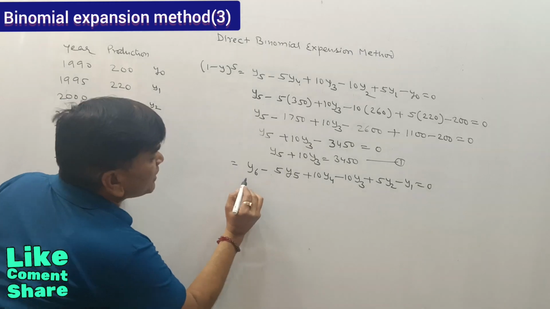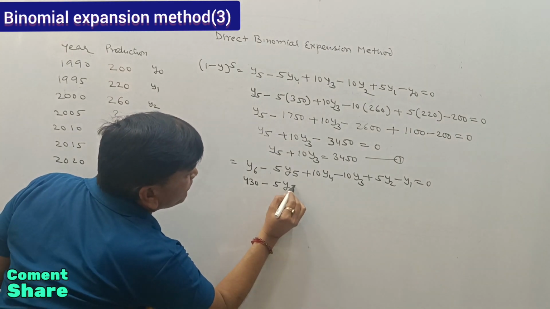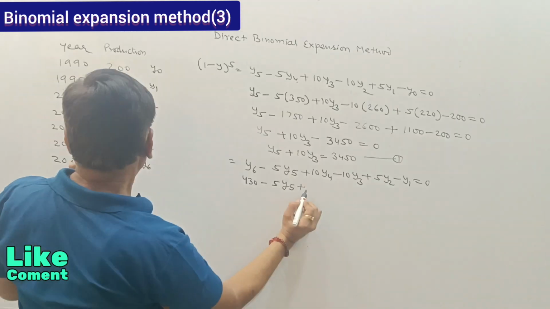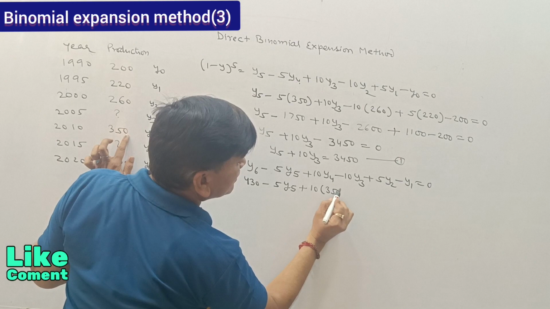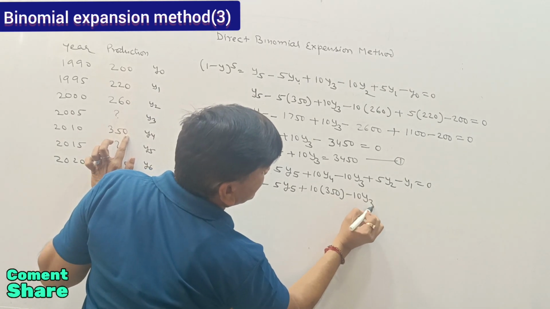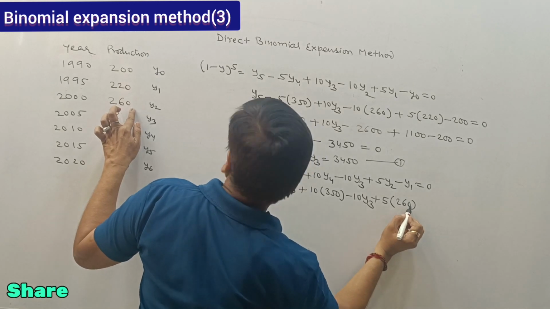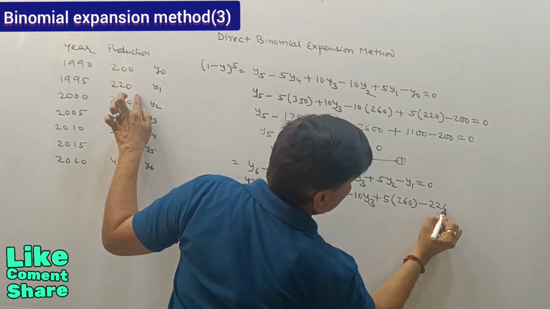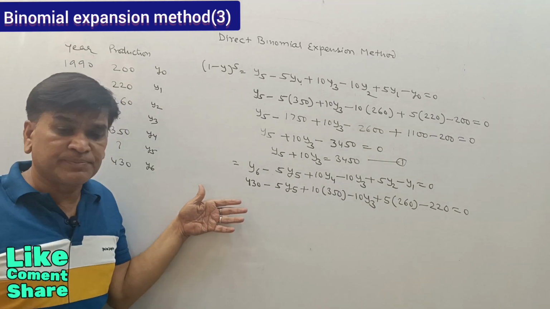So now putting the values: 430 minus 5y5 plus 10 multiplied by 350 minus 10y3 plus 5 multiplied by 260 minus 220 is equal to 0. So we will make another equation with the help of this.